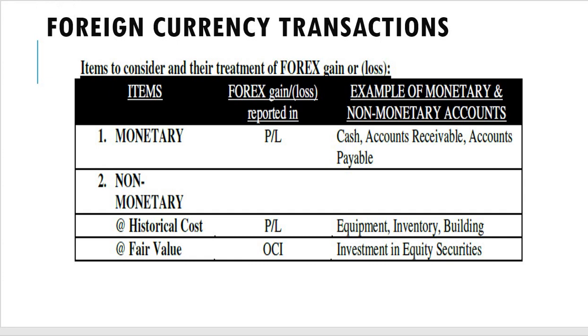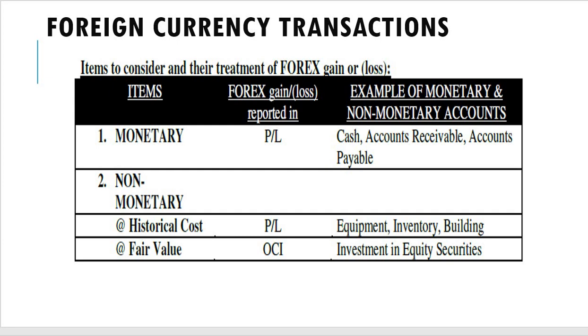Or units of currency held and assets and liabilities to be received or paid in fixed or determinable number of foreign currency. Okay, so meaning to say, yung monetary items, no, or yung accounts na may right ka, no, to receive cash or obligation to pay cash. It's actually the monetary items.